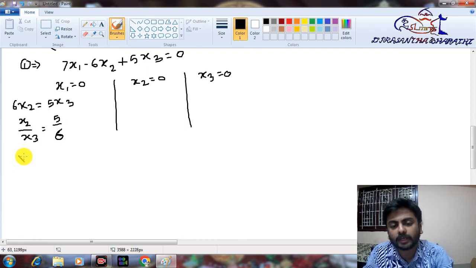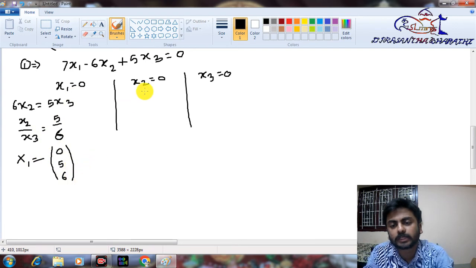So now we get the eigenvector. We have to write eigenvector by capital letters. So capital X1 equal to x1, x2, x3 are eigenvectors. So x1 equal to 0, x2 equal to 5 and x3 equal to 6.